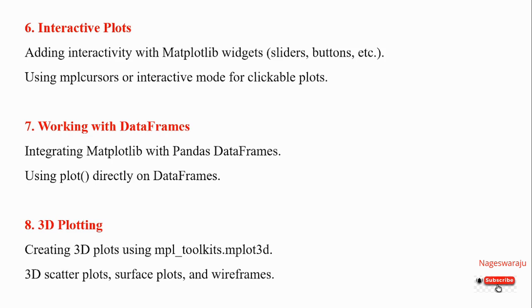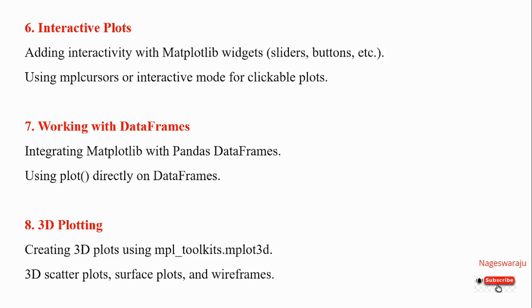Okay, next one, interactive plots. Interactive plots means we need to give additional information for the existing plots. That means we need to assign sliders or some more buttons to the already existing plots.